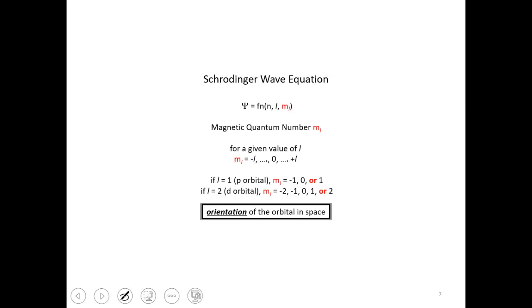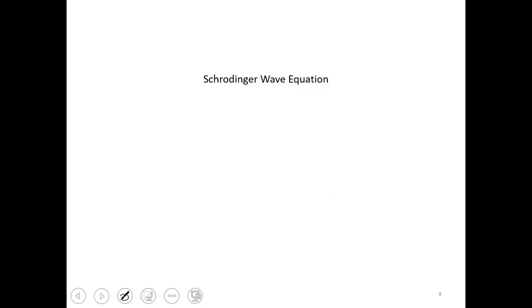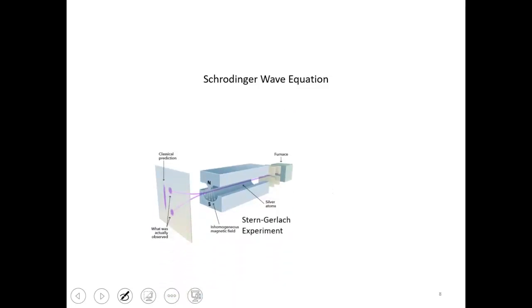Now, it turns out that scientists found another quantum number when they started studying things. In an experiment called the Stern-Gerlach experiment, scientists took a stream of silver atoms and passed them through a magnetic field. It is known that the silver atom has an imbalance in its electrons' magnetic properties.